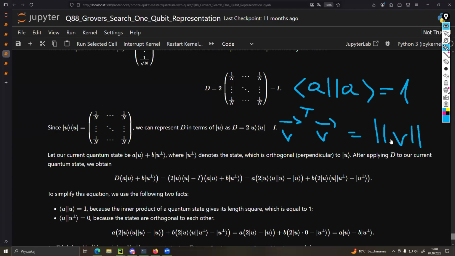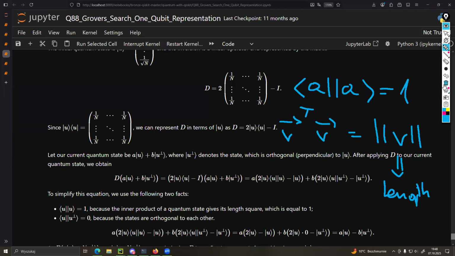The norm of the vector is its length, and we always want to preserve the length as equal to 1, because this represents our total sum of probabilities, and we always want to have it as 1.